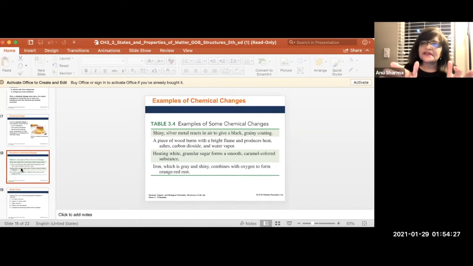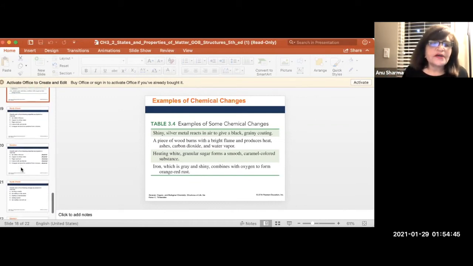Still, it is a chemical change. Heating of sugar to form caramelized sugar is a chemical change. Iron getting rusted, brown-grayish iron reacting with oxygen to form orange-red rust, is a chemical change. So chemical changes are permanent changes.